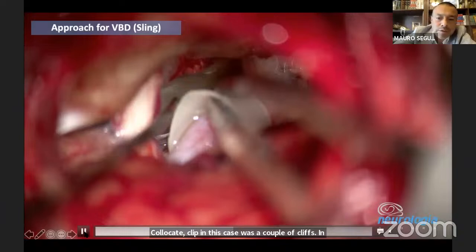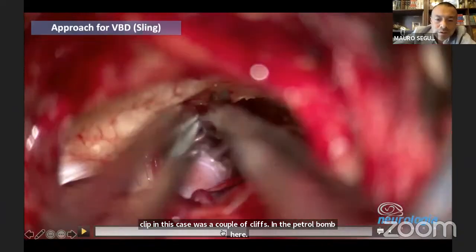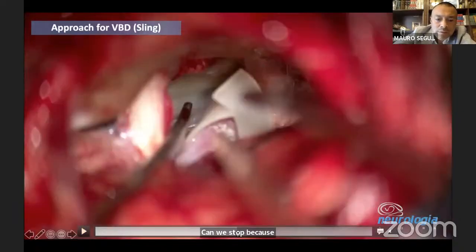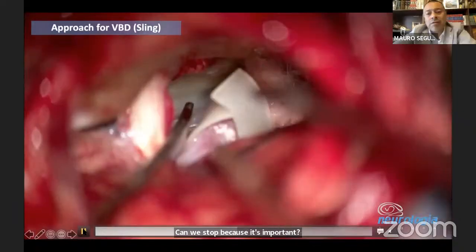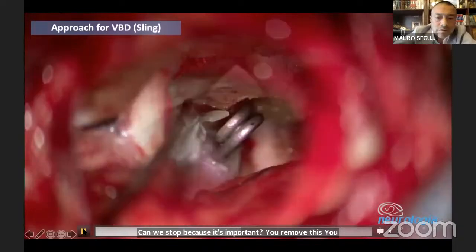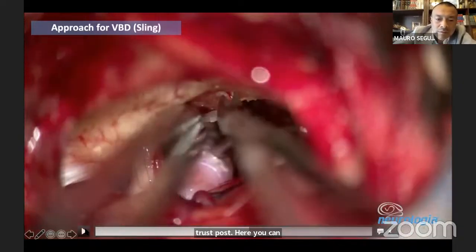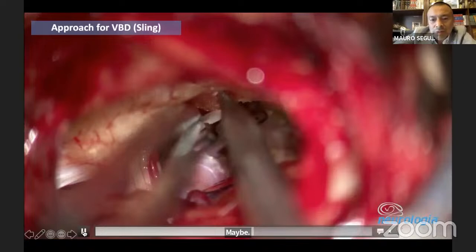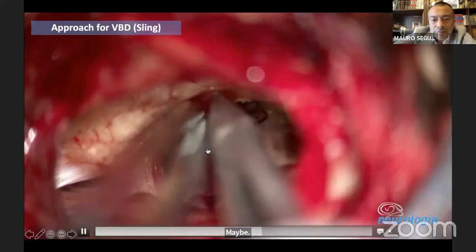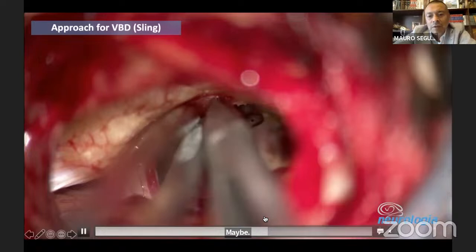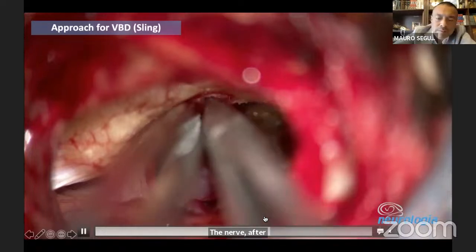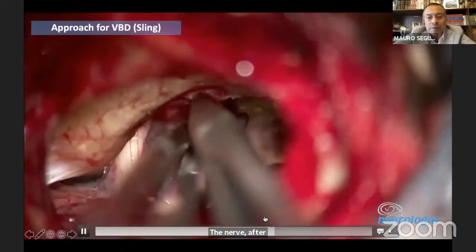And we stop because it's important. You remove this, you transpose here, and you can look at this space. The nerve, the basilar artery, and after the remodeling, we are going to obtain a free space here.